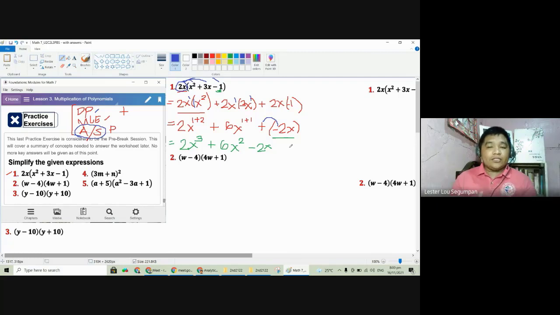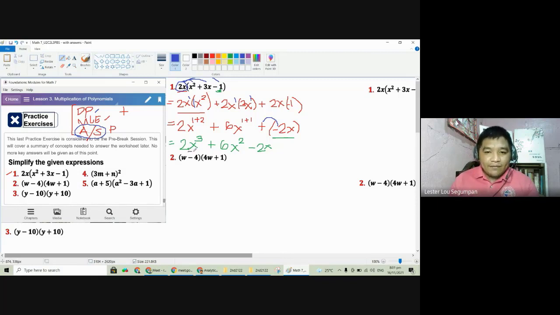Remember that when we add or subtract polynomials, the only thing that we are considering is the likeness of terms. And we can tell that terms are like if and only if they have the same literal coefficient. And by means of literal coefficient, it includes the exponents.